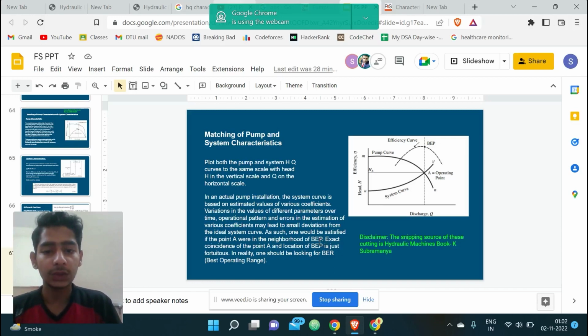So, in actual pump installation, the system curve is based on estimated values of various coefficients. Exact coincidence of point A and the location of BEP is just fortuitous. In reality, one should be looking for a best operating range.